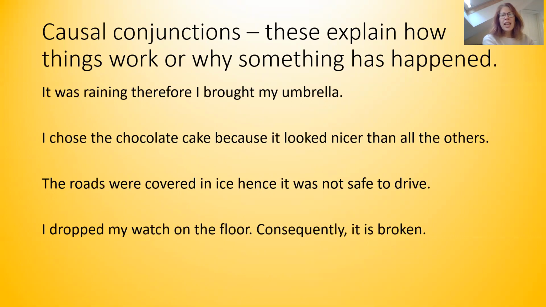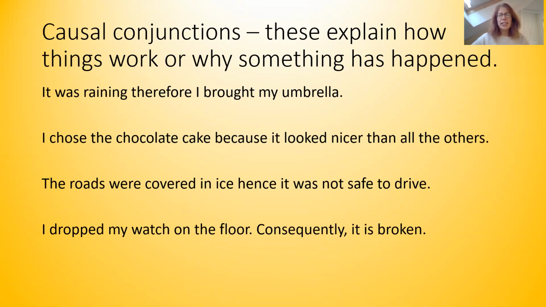The roads were covered in ice, hence it was not safe to drive. Now I purposefully used this one, hence, because I thought it might be a conjunction that you're not so familiar with. The roads were covered in ice. Because of that, it was not safe to drive. You can see how hence has been used.